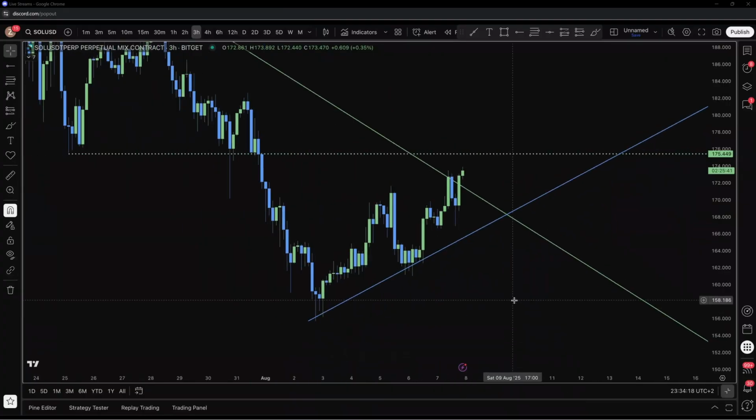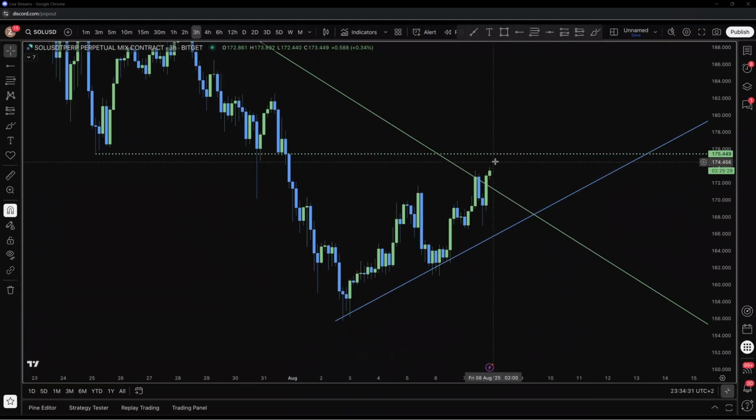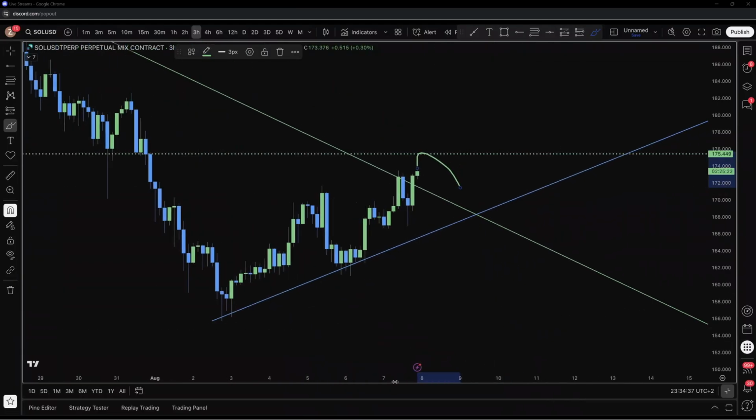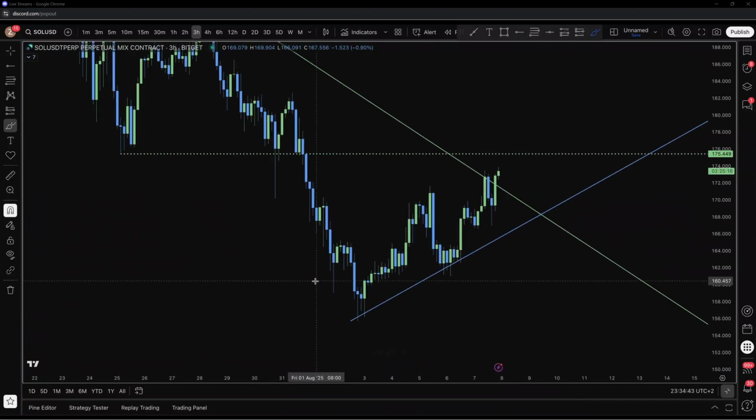Shorting like 175 seems kind of obvious. That's also what I'm looking at right now. Hopefully we already do it today, and then I sweep it before the daily closure. It would be a bit easier, because then we don't have so many breakups, which are bullish signals in themselves. But if we get a fast rejection back down before the daily closure, it makes it easier to hold onto a short.